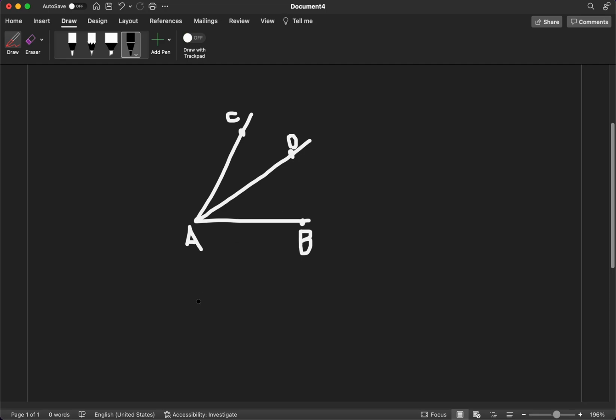Now, the way that they would write this is AD bisects angle CAB.